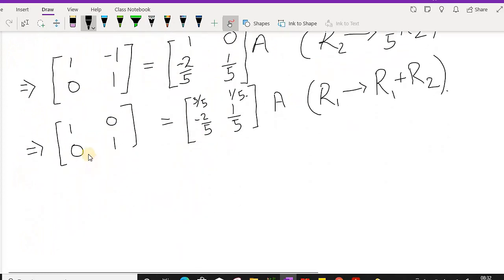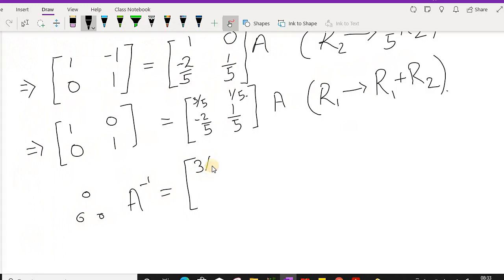Okay, this is the thing. You see this is 1 here. Therefore A inverse is equal to 3 by 5, 1 by 5, minus 2 by 5, 1 by 5.